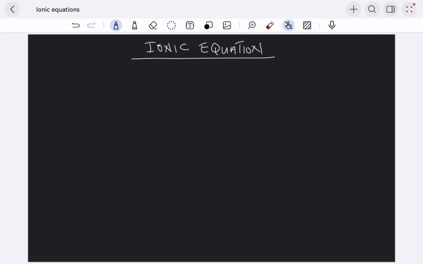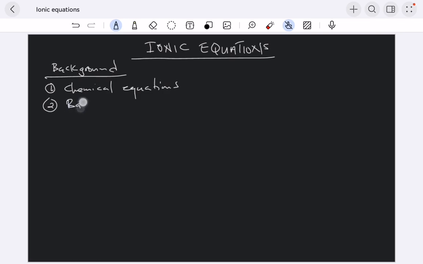For us to have a comprehensive understanding of ionic equations, we are supposed to have a very good background on, one, chemical equations, and then we're also supposed to have a solid foundation on balancing of chemical equations.